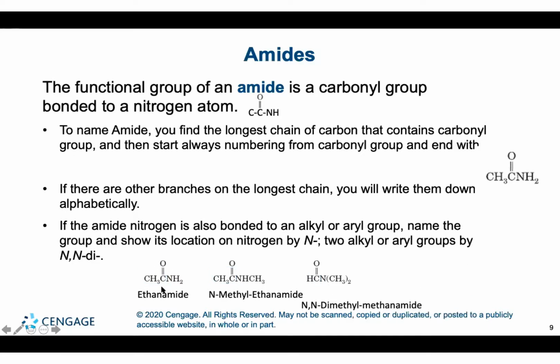You do not need, guys, to emphasize the number on the carbon of the carbonyl. Here, for example, you do not need to put 1-ethanamide because we already know that we always start with the carbon of the carbonyl when numbering amides.